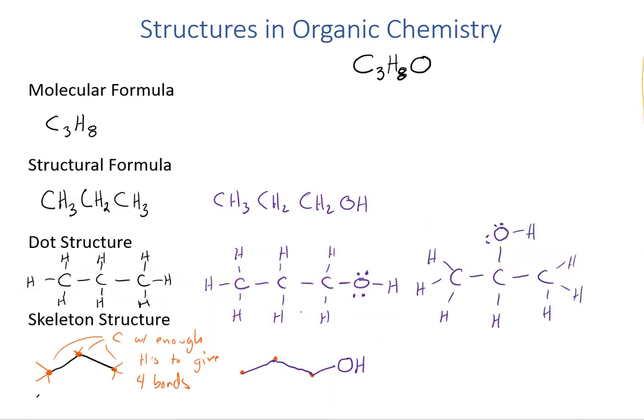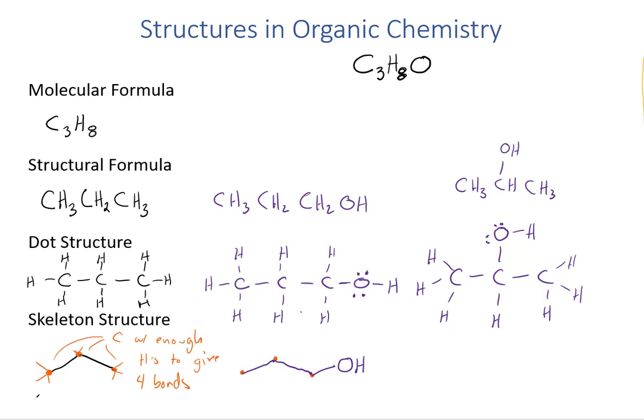And if we wanted to draw the structural formula, we have a couple of options here. We can write the CH3 at one end, then put the CH and then the CH3 on the other end, or the right side, and then come up to the top with the OH. And that's probably one of the most clear methods.